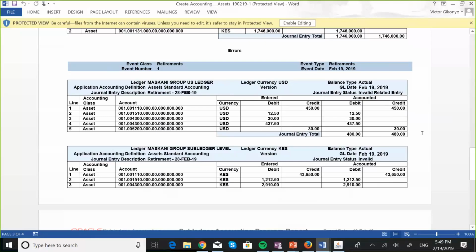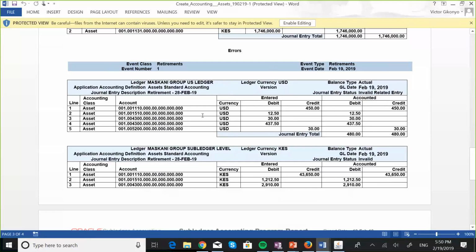Okay, so this journal contains the entries for that particular retirement, including the gains and losses. If we leave these entries like this, we will leave this clearing account with a balance.